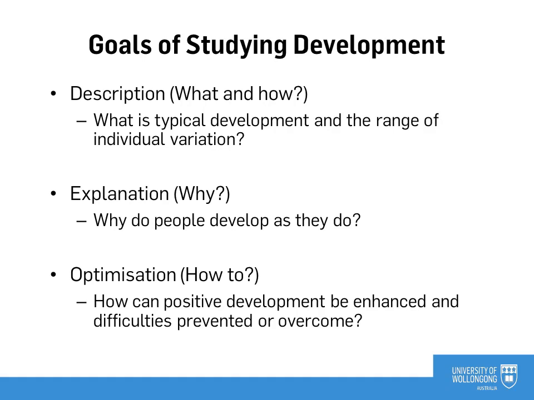And then another major goal, a third goal, is to optimize human development. So this is an important goal that really relies on the other 2 goals as well. Once we understand the what of development in terms of what is typical and the range of individual variation, and then the why, there's the how to maximize human potential and how to improve development. And this is often the goal of research that tests an intervention.